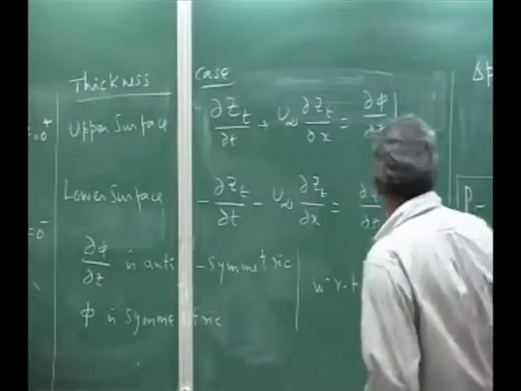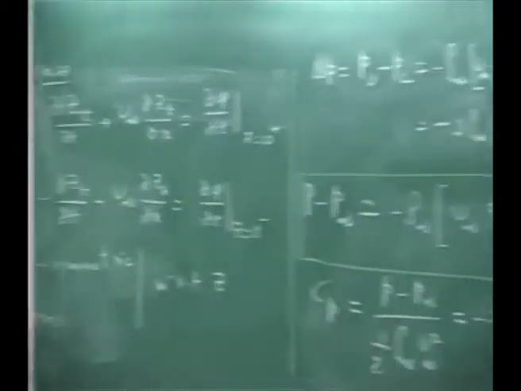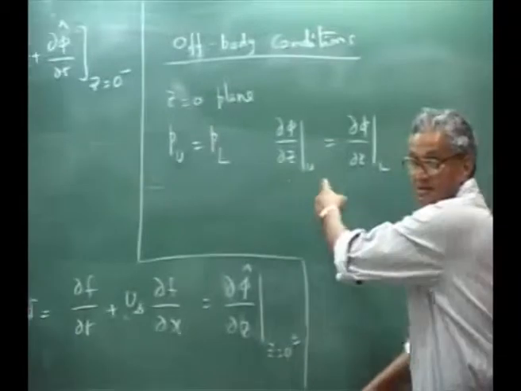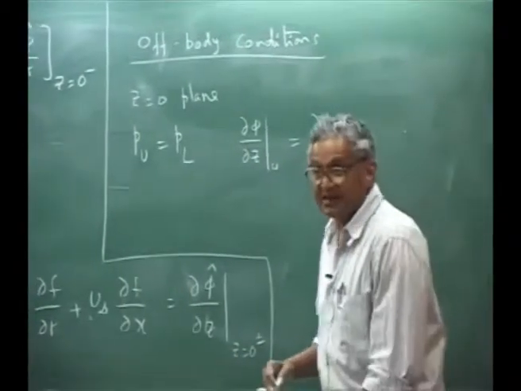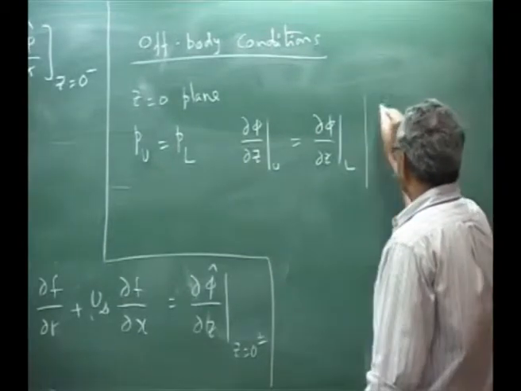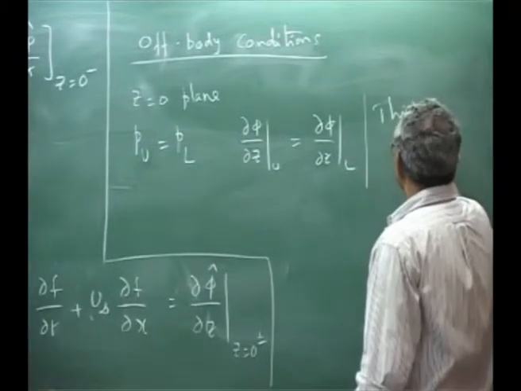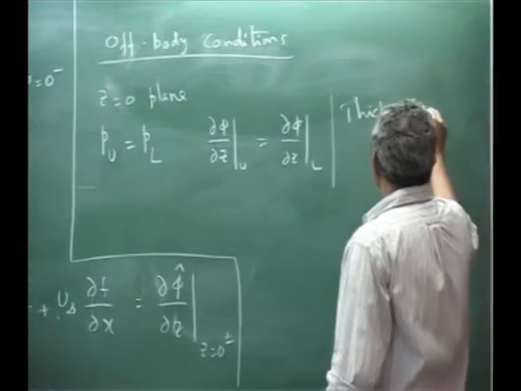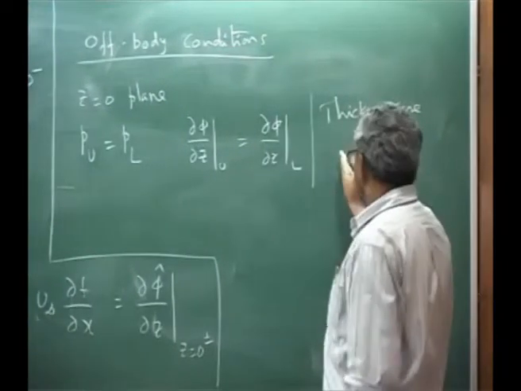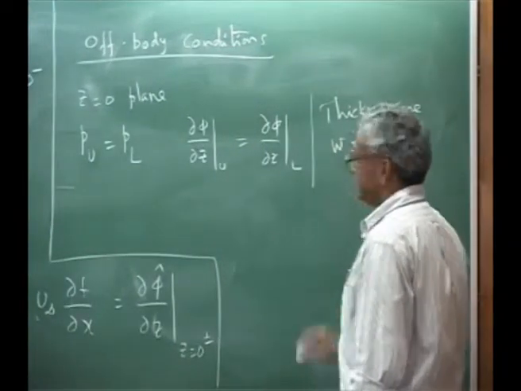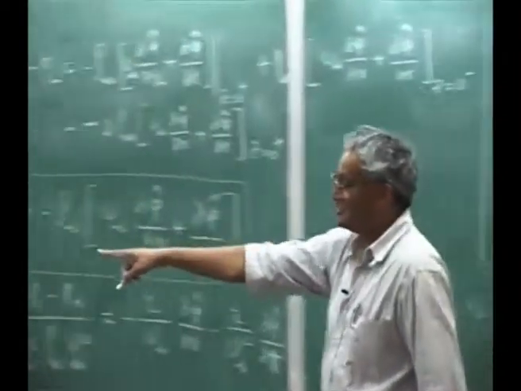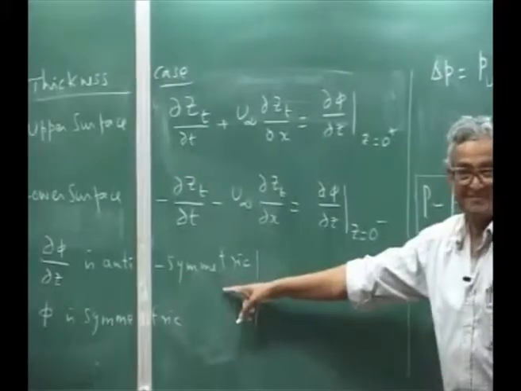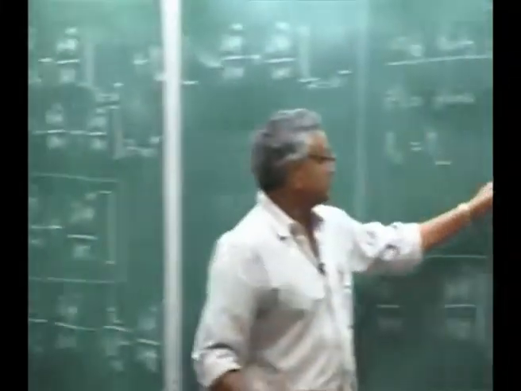But I want delta phi by delta z to be the same, which means the thickness case wants W0, because there it says antisymmetric delta phi by delta z.